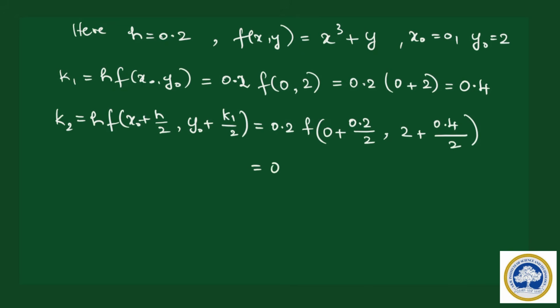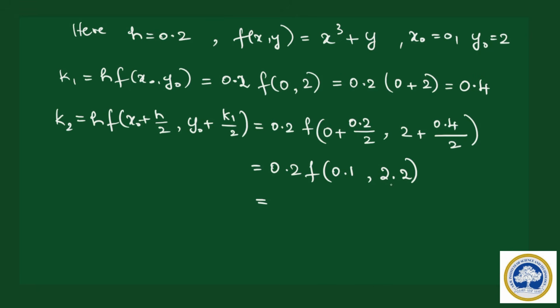Now you have to calculate. So the first argument becomes 0.1, and 0.4 divided by 2 is 0.2, plus 2 means 2.2. Now you have to substitute in the function x cube plus y. So x cube means 0.1 whole cube plus 2.2.